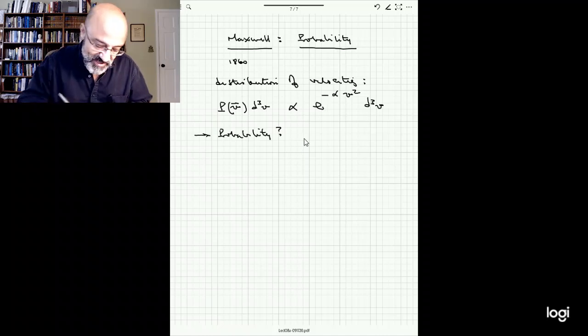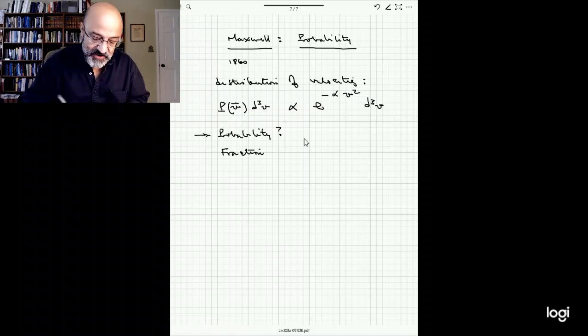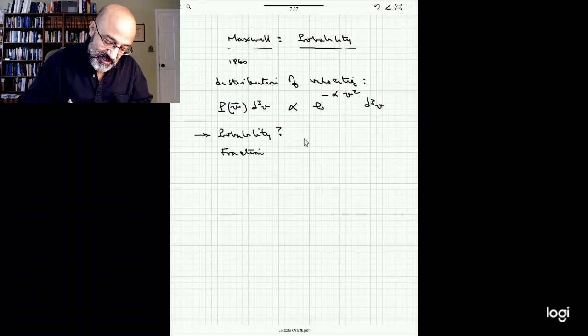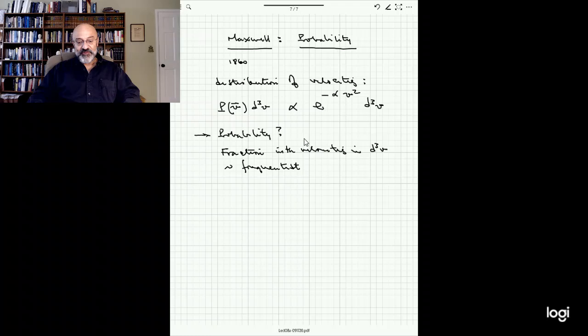One of them was the fraction of particles, of the total number, capital N, of particles in the gas, the fraction with velocities in d3v. So you can see that this is a kind of frequentist interpretation of probability.